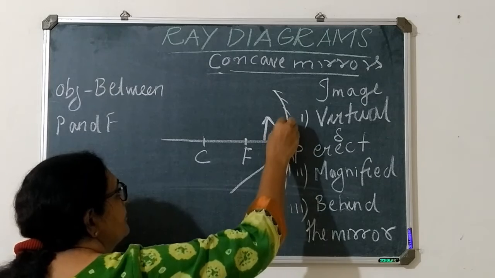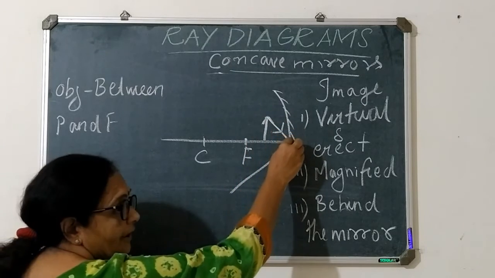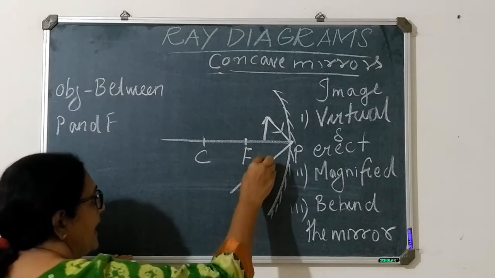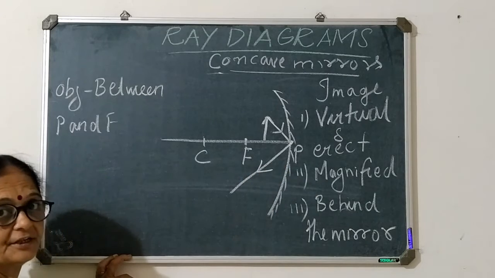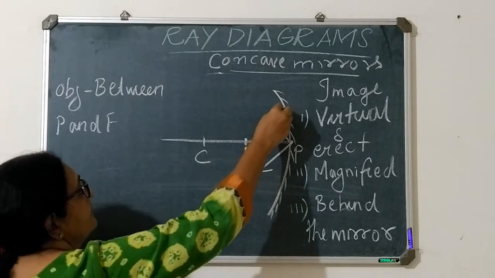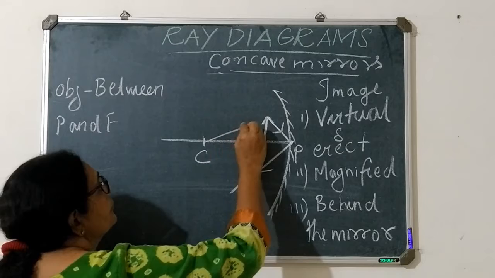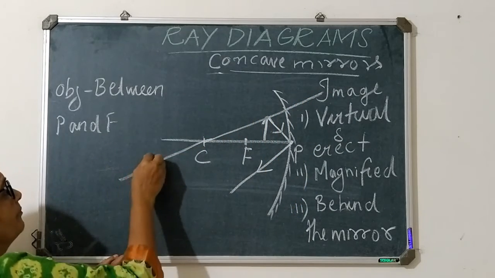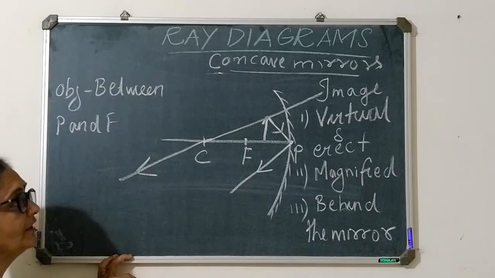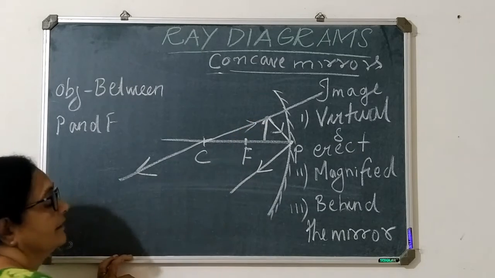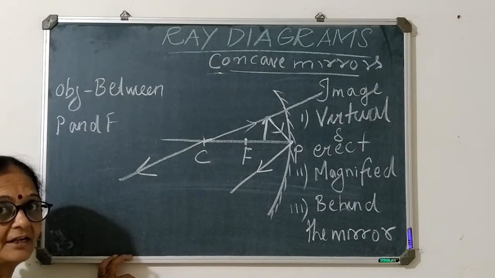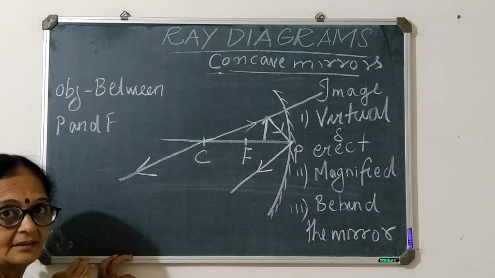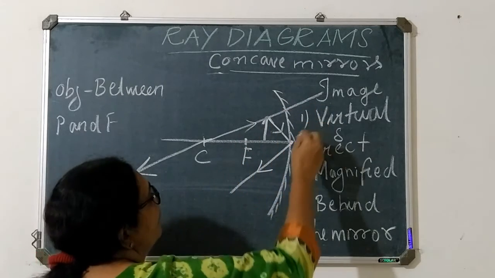The incident ray will fall on the pole and reflect back in the opposite direction. And the second ray will pass through the center of curvature, and we know that the ray which is passing through the center of curvature reflects back in the opposite direction, in the same path and the opposite direction.